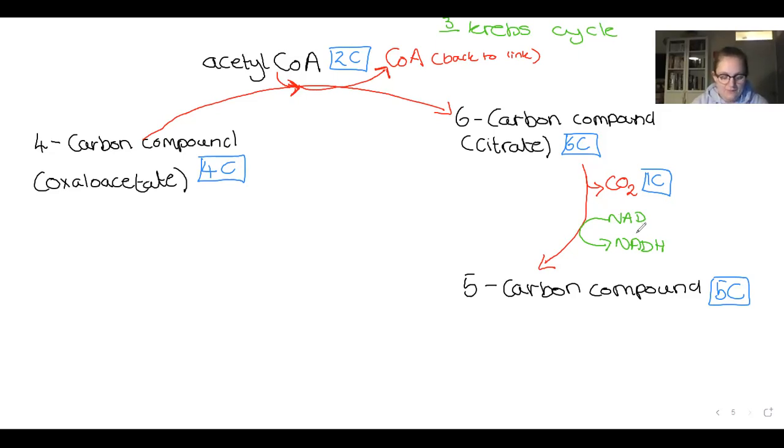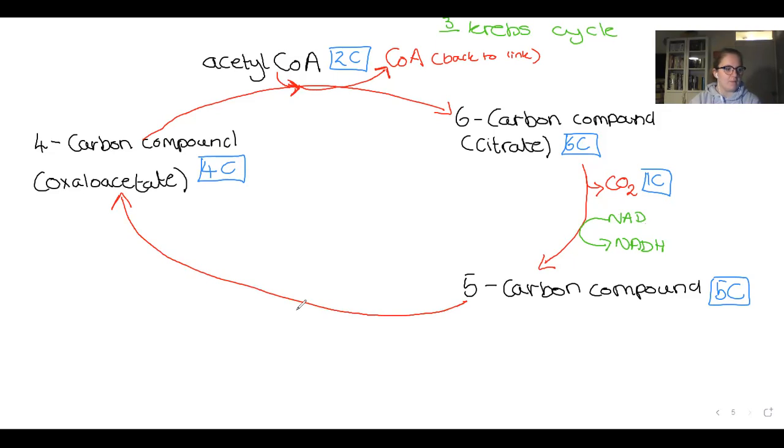What is going to happen now is our 5-carbon compound is eventually going to be converted into our 4-carbon compound. But as you can probably guess, a lot of things have to happen for that to happen. I'm going to just draw this a little bit smaller there so we can then have space to write.